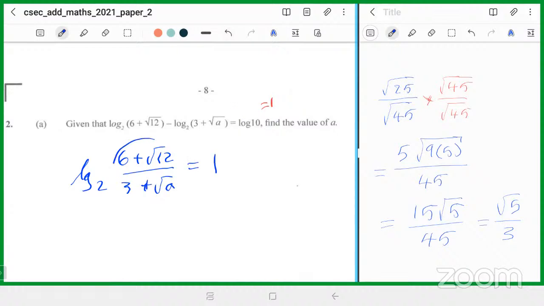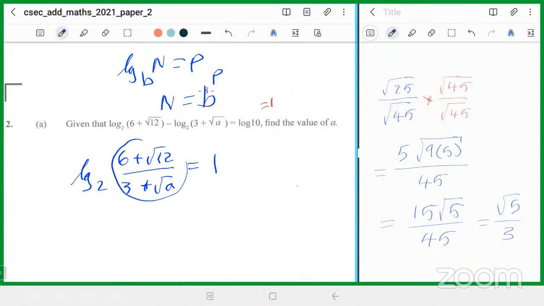If the log of a number to a base is equal to 1, then it means that the number and the base are equal. So I can put these two equal. Or I can go back to the law of logs and say, this is my number, this is my base, this is my power. You know how it goes? Log of a number to a base is equal to a power. The number is equal to the base raised to that power.